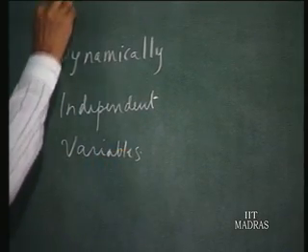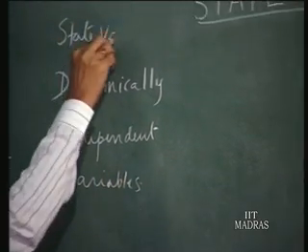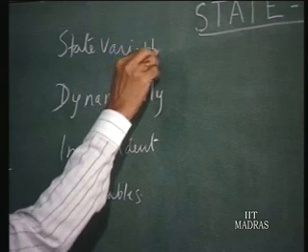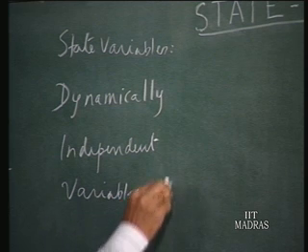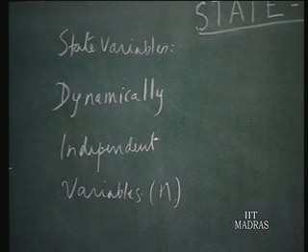The state variables are a set of dynamically independent variables, let us say n in number. So, we regard the number of variables as n, and those n variables together constitute the state.